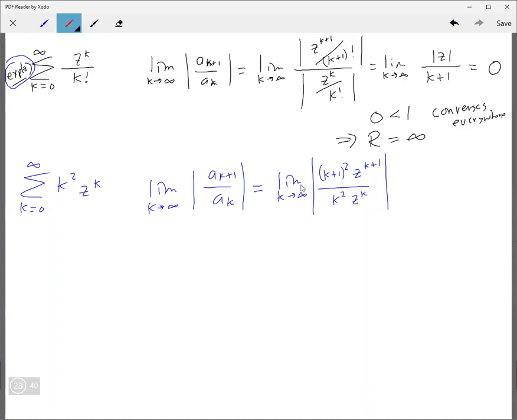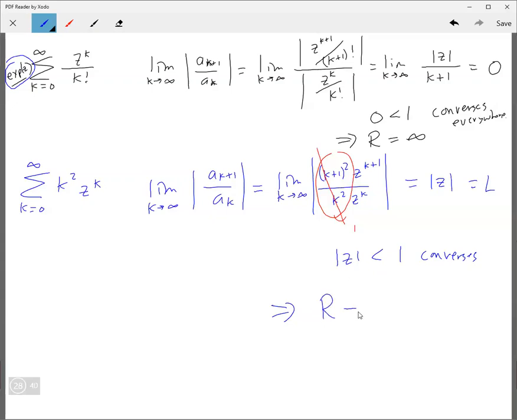This part right here, as k goes to infinity, goes to 1. So in the end, you end up with just that, and that's your L. If you force it to be less than 1, that's where it converges, and if it's greater than 1, it diverges. So the radius of convergence is 1 for that function.